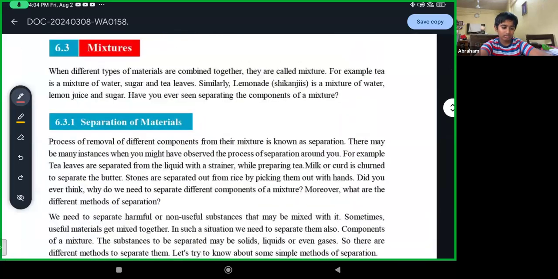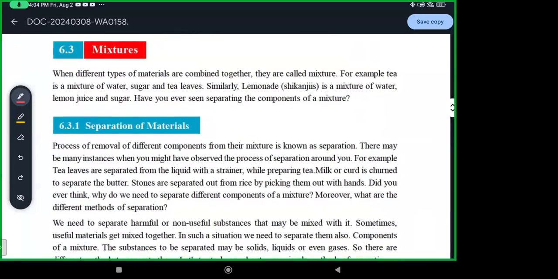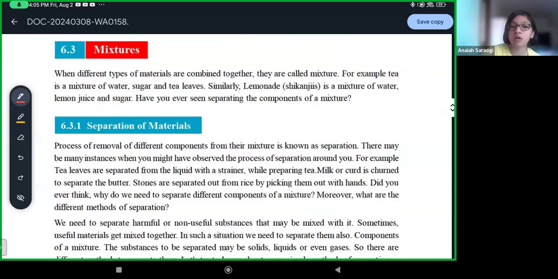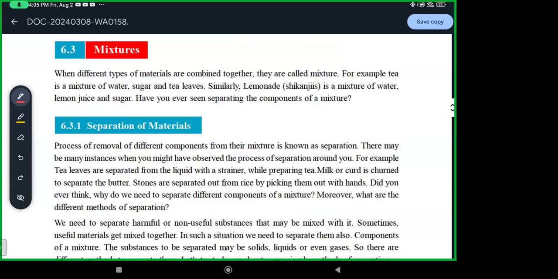I will check it, probably by today or surely by tomorrow. Ma'am, what homework had you given us yesterday? 6.1, ma'am. Yes, Anaya, 6.1.